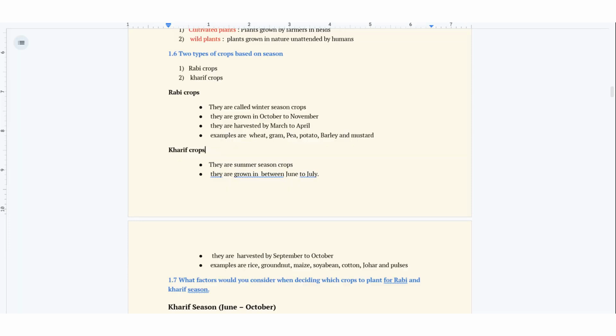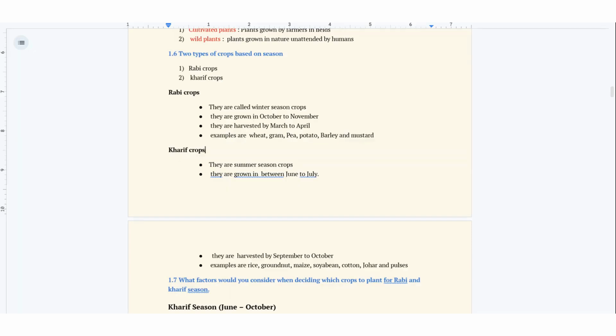Basically, how you remember is during the summer, what is harvested. I remember in that way. So if you see, people will be going on vacation to sell the cultivation. So those kind of crops are called rabi crops.